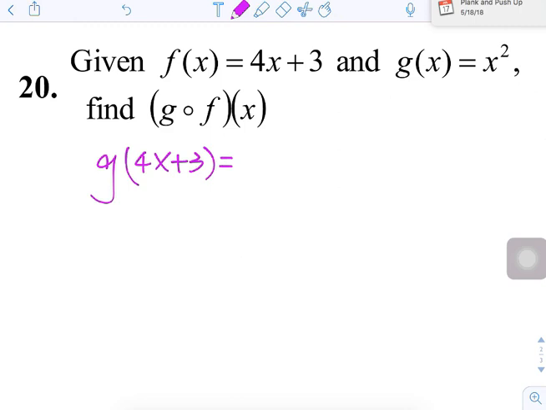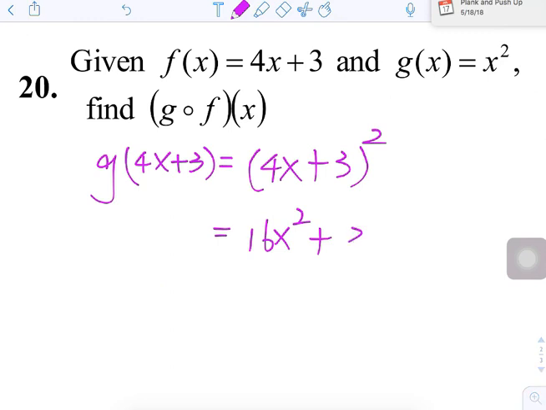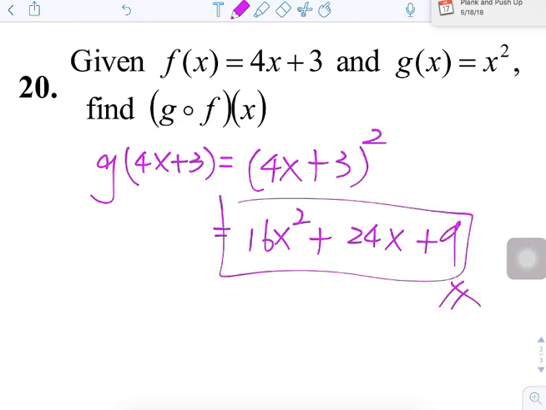Okay, now I'm going to substitute x with 4x plus 3. So I have that. Again, this is a plus b situation. So a squared 16x squared plus 2ab, which will be 4 times 3 times 2, which will be, that's right, 24x. And then finally b squared, which will be just 9. So that will be my answer.